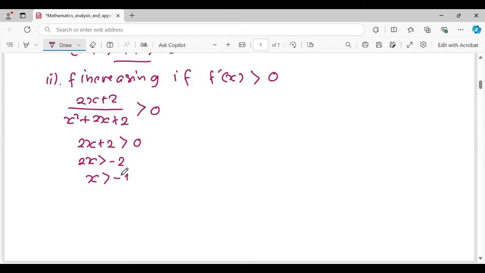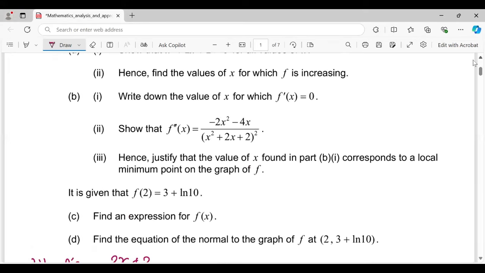So f is increasing when x is greater than negative 1. That's the value of x.